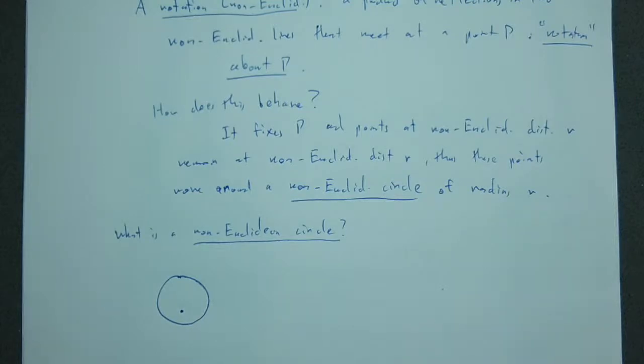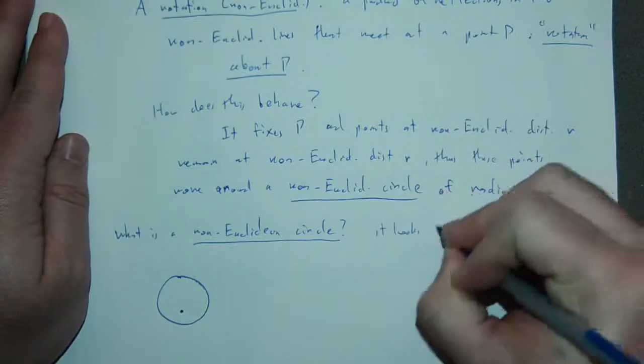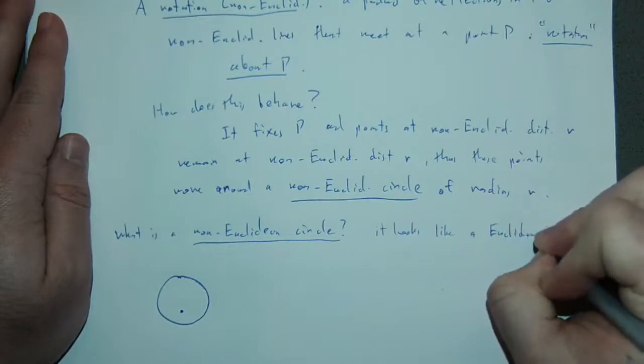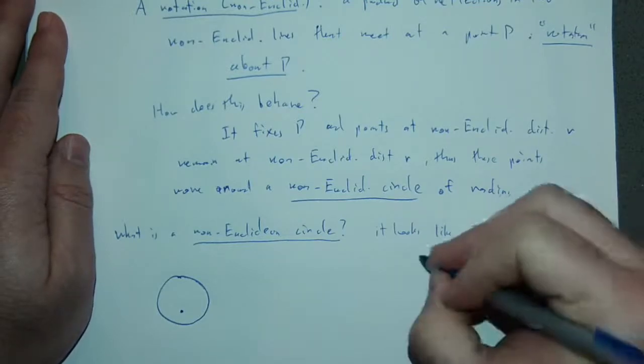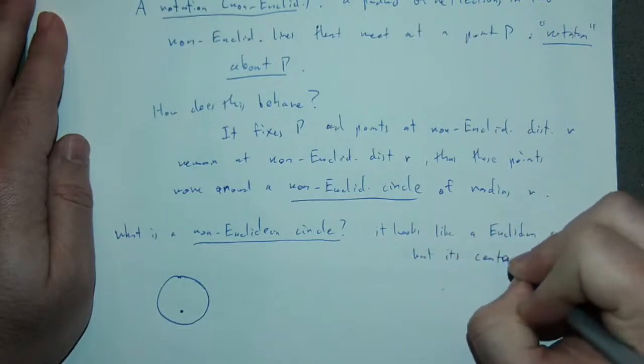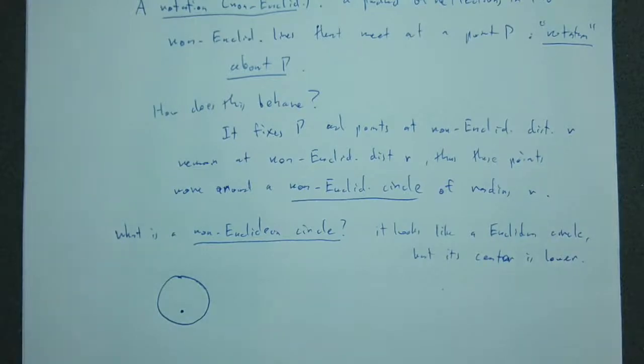So non-Euclidean circles actually look like Euclidean circles, but their center is not where the Euclidean center is. It looks like a Euclidean circle, but its center is lower. Now that makes sense, of course, if you think about it.